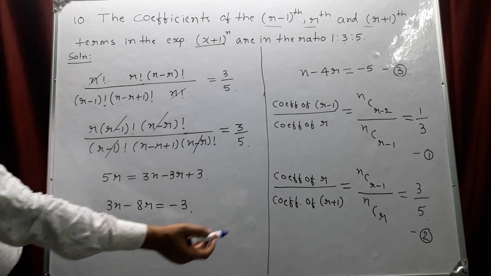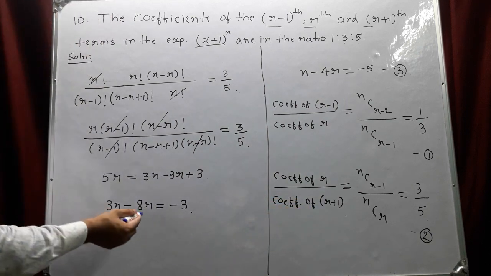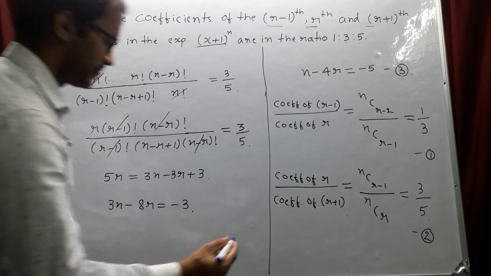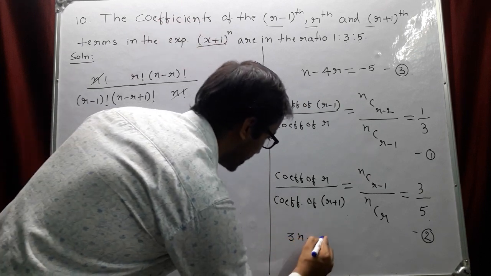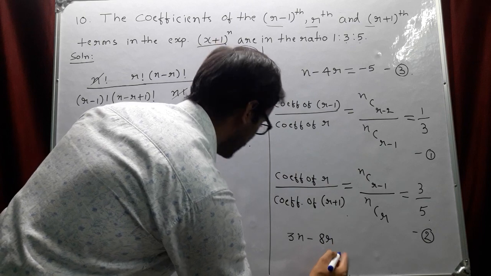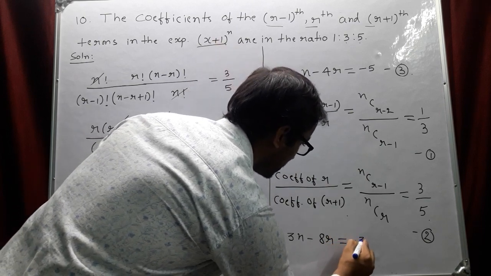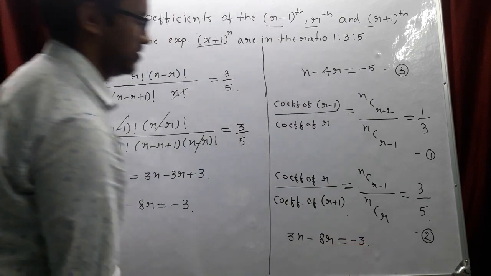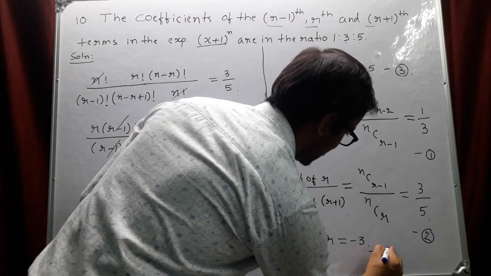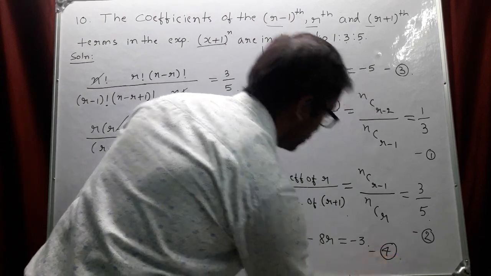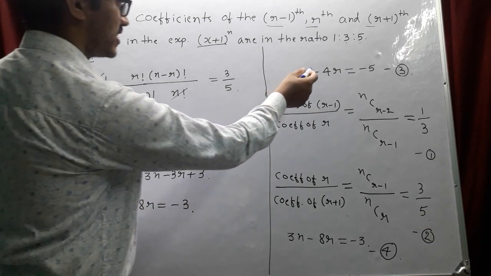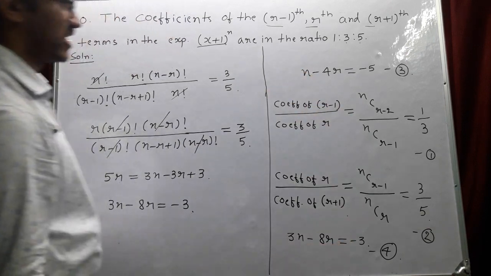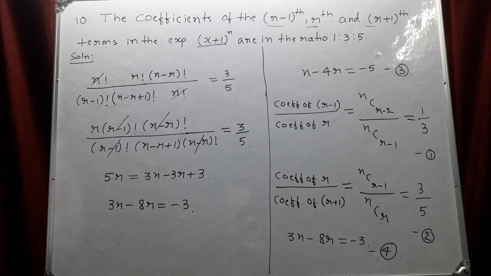So if you simplify the second equation, we will get this much. So that is 3n minus 8r is equals to minus 3. So if you want, you can consider this as equation 4. Now if we solve equation 3 and 4, we can find the values of n and r.